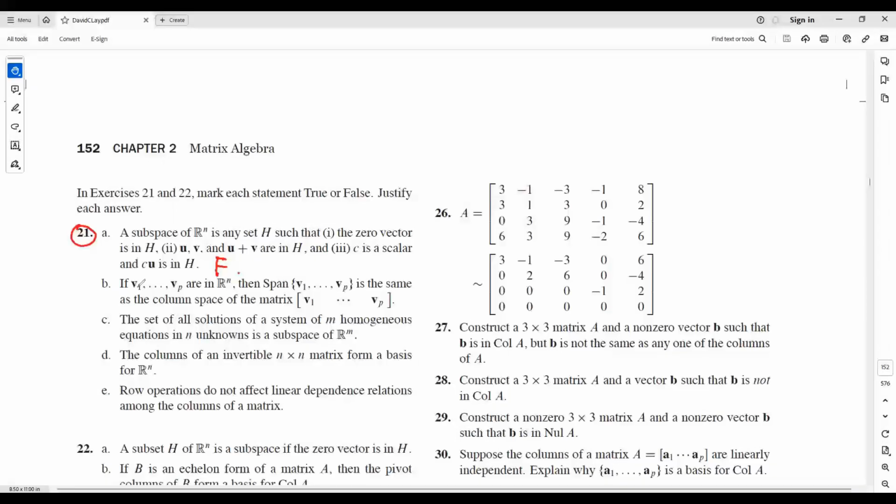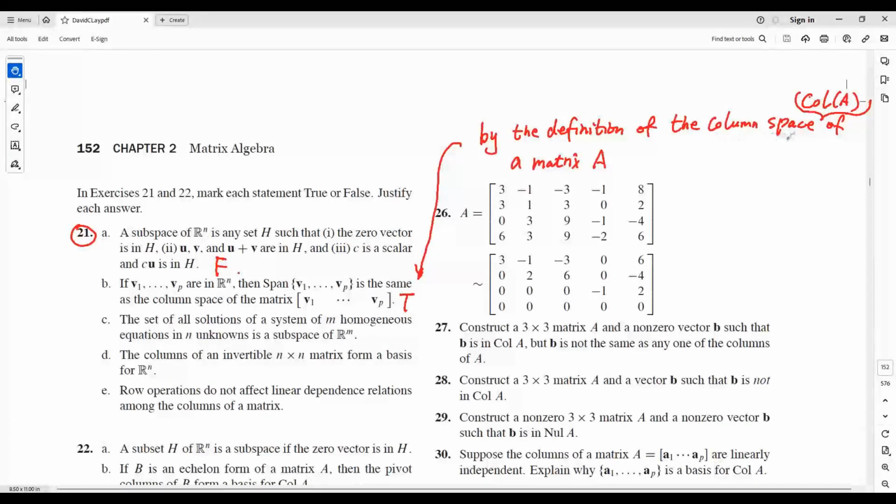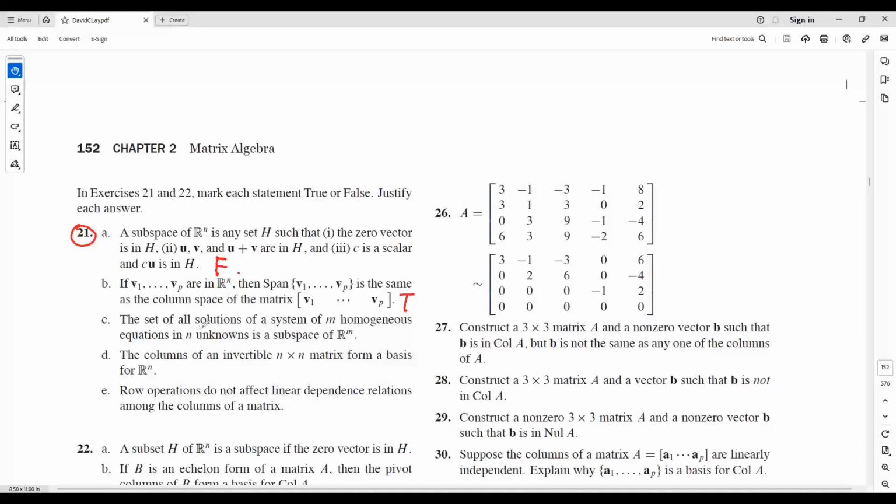B. If v1 till vp are in Rn, then span v1 till vp is the same as the column space of the matrix v1 till vp. True. By the definition of the column space of a matrix A. C. The set of all solutions of a system of m homogeneous equations in n unknowns is a subspace of Rm.